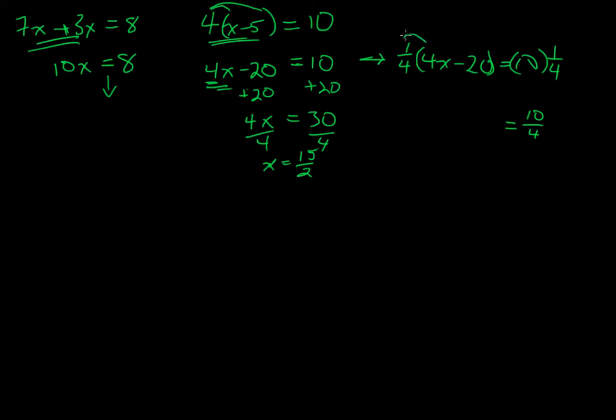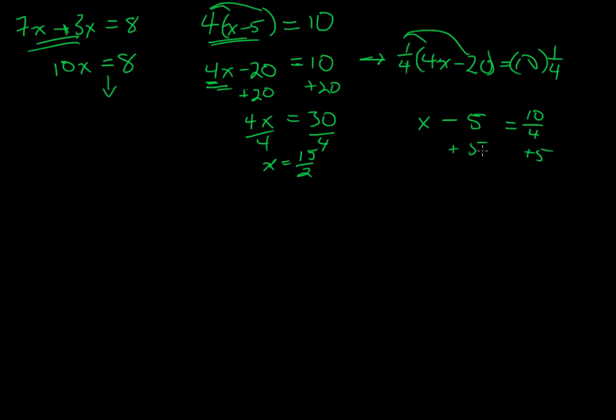Well, this 1/4 distributes. Unfortunately, it works out really nice here because 1/4 times 4x is x, and 1/4 times negative 20 is negative 5. But the problem we get here is this is 10/4 or 5 halves. Now I have to add 5 to both sides, and that's fine, but then I've got to figure out 10/4 plus 5.